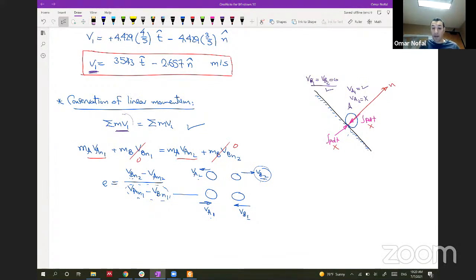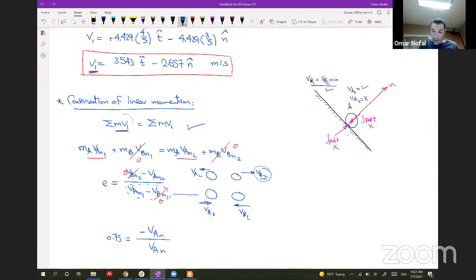So it's given that E is 0.75, and you know that body B is not moving, so this will be 0 and this will be 0, and the equation will be only negative VA2 over VA1. Actually, all of these are in the n direction.